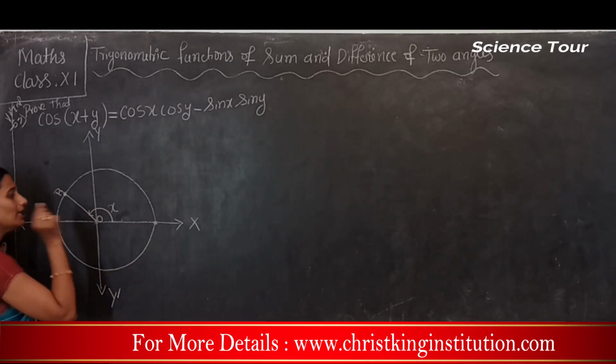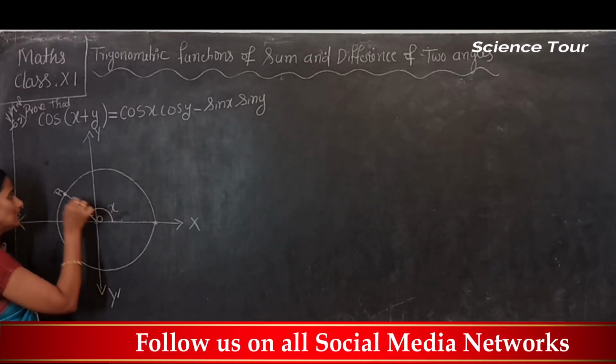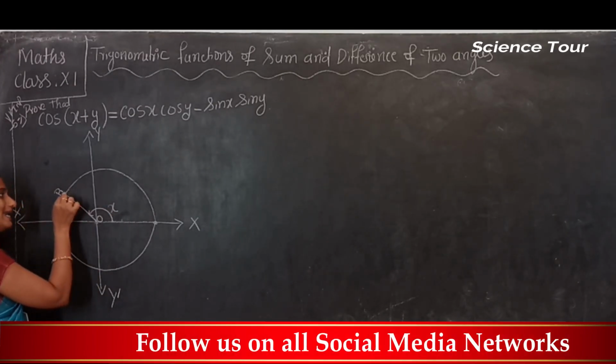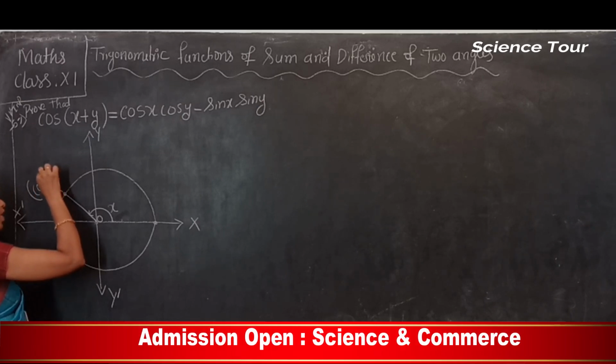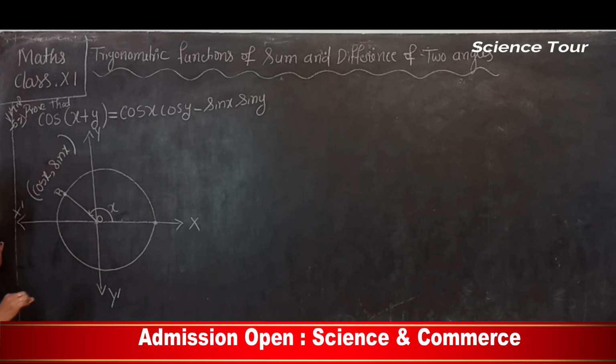Just assume that it covers an angle x for the point P1. Now you have to write the coordinates of P1. The coordinates of P1 are cos x comma sin x.